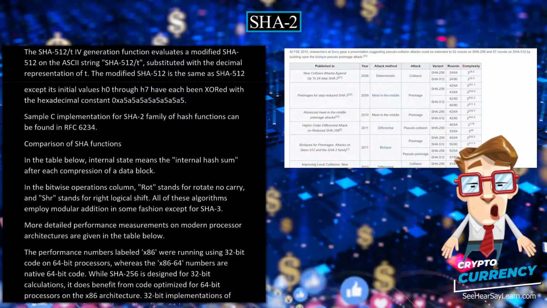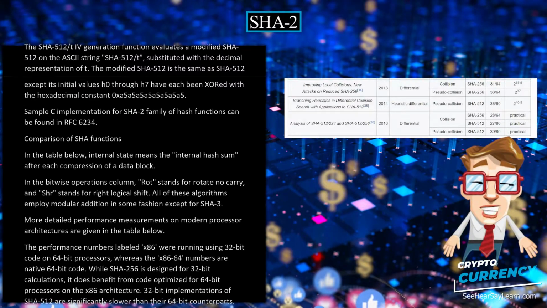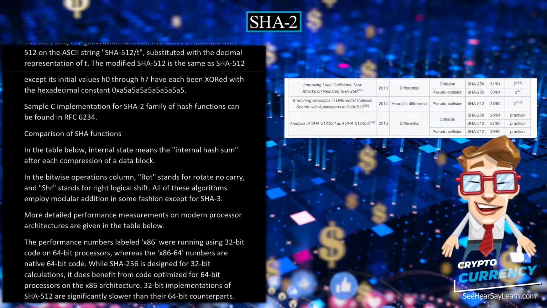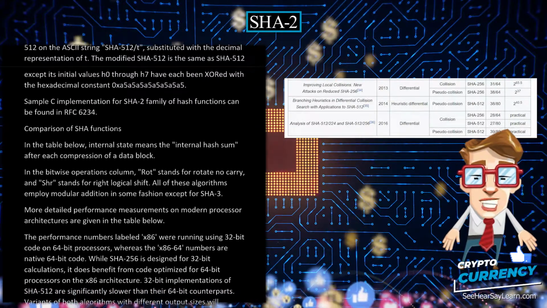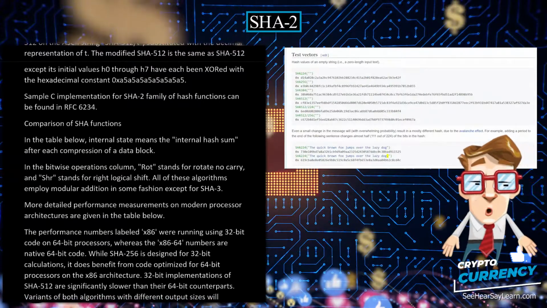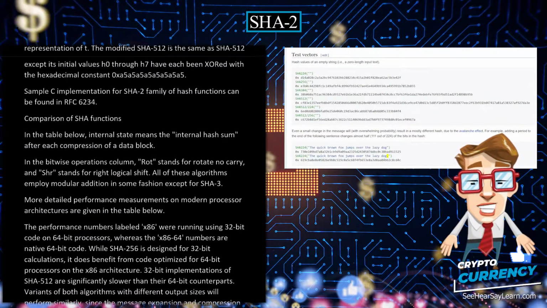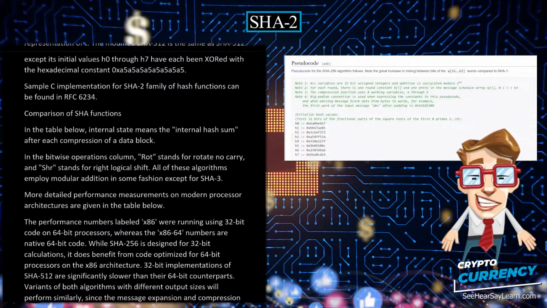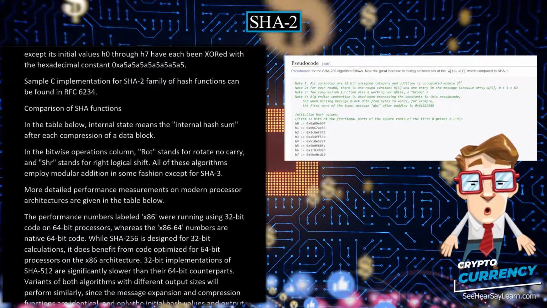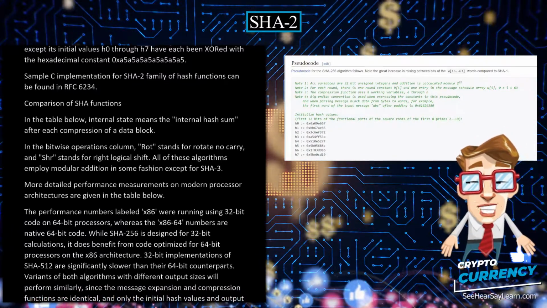More detailed performance measurements on modern processor architectures are given in the table below. The performance numbers labeled x86 were running using 32-bit code on 64-bit processors, whereas the x86-64 numbers are native 64-bit code.